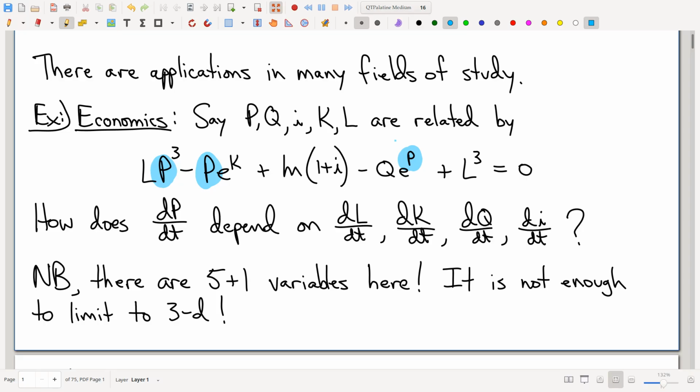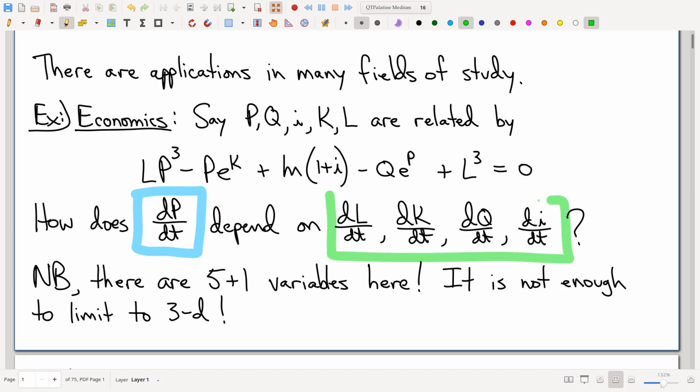So, reasonable question then. Suppose I'm interested in how fast P is changing. And why is P changing? Well, P is changing because the other variables are changing, but because of the equation, P has to change to adapt to how the other variables are changing. And suppose I know how fast the other variables are changing. So if I know all of these, and I want to know what that is, how do we do that?